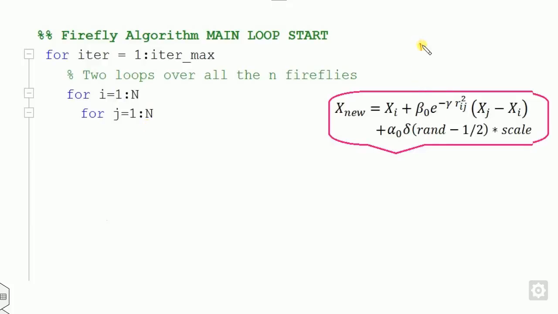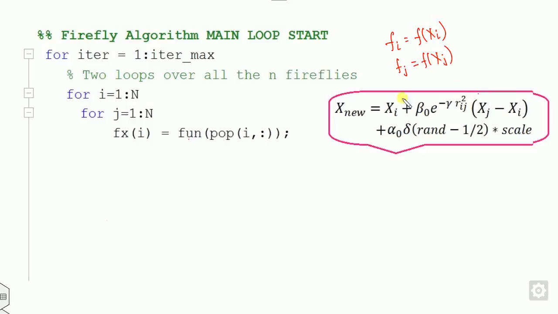So my task is the minimization. So we will define this firstly. So fx is my objective function, fun of population of i as fxi. So what is fxi? This is fi, that is the function value at xi. If I write fj, that is the function value at the point xj.